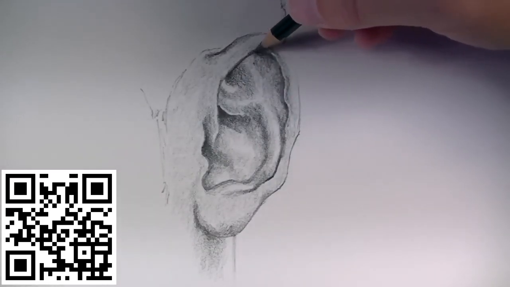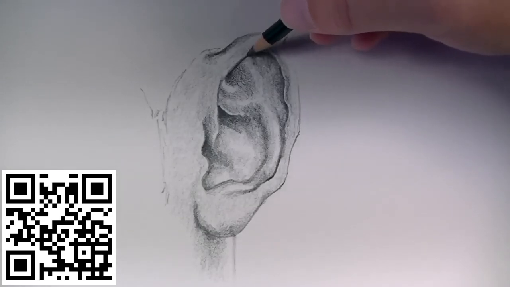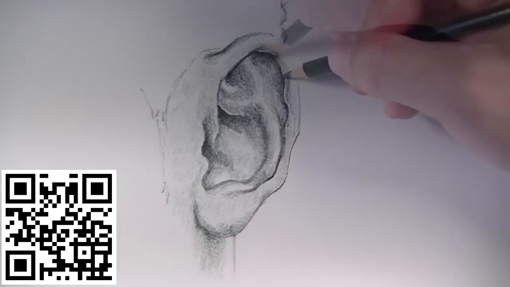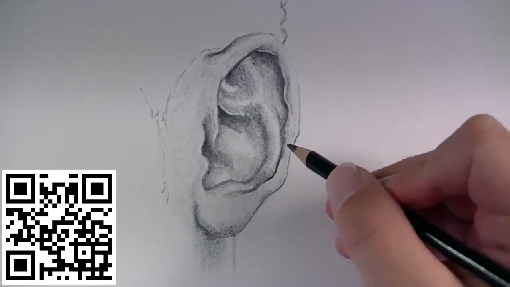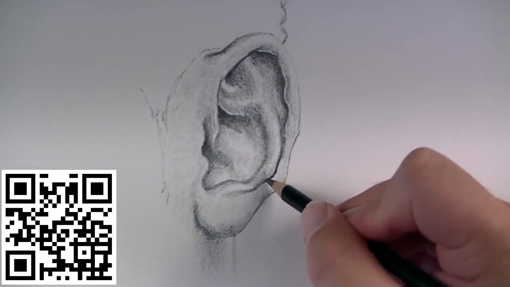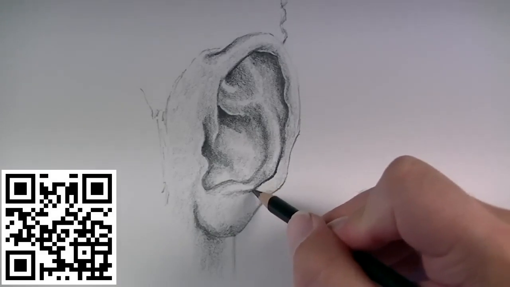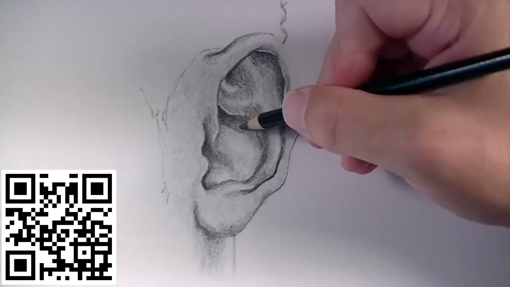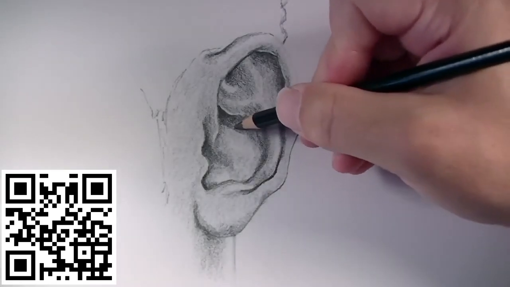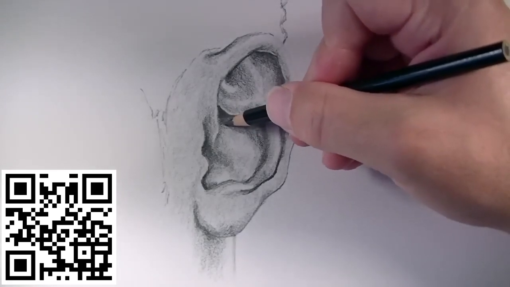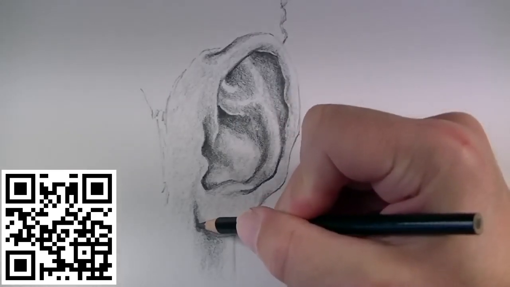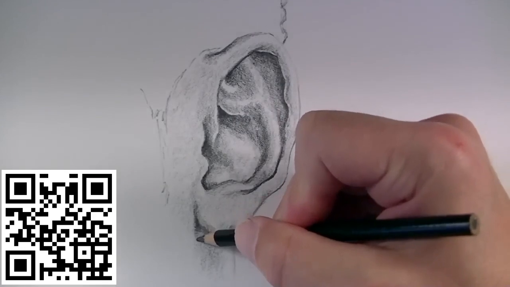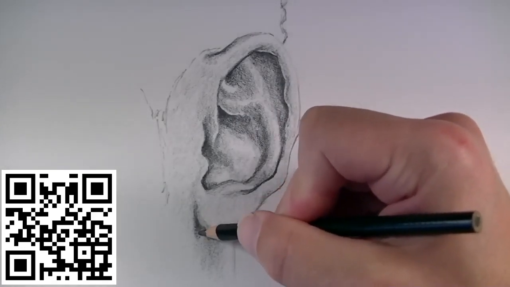We won't add the softer graphite in all areas, just the areas of darkest value. We'll use the same circling technique that we used earlier to create smooth gradations or changes in value within the drawing. Here again, we'll avoid using any blending tool like a blending stump or a finger.